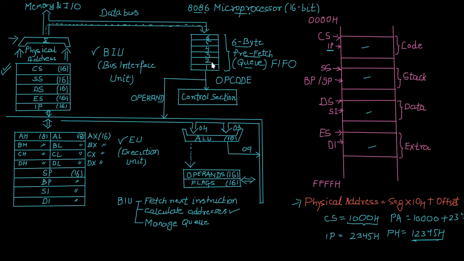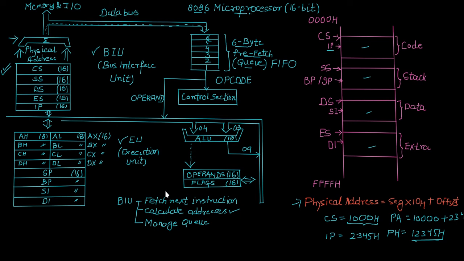So this means that if there is an instruction which is fetched from the memory, now it is inside the queue. Now the queue will push the instruction which is first fetched. Now it will pass it to the control section, and there is also a condition which determines whether it should pass to the control section or directly to the execution unit.